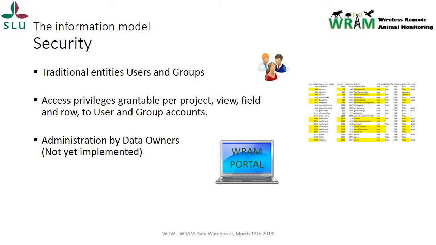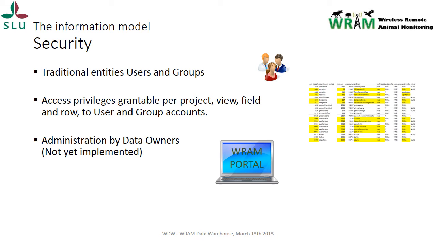Security and access are important concerns for data owners uploading their data into WRAM. Because data from all projects share common tables, we've implemented row-level security. This is combined with view and field granularity, such as specific tag numbers and date ranges.